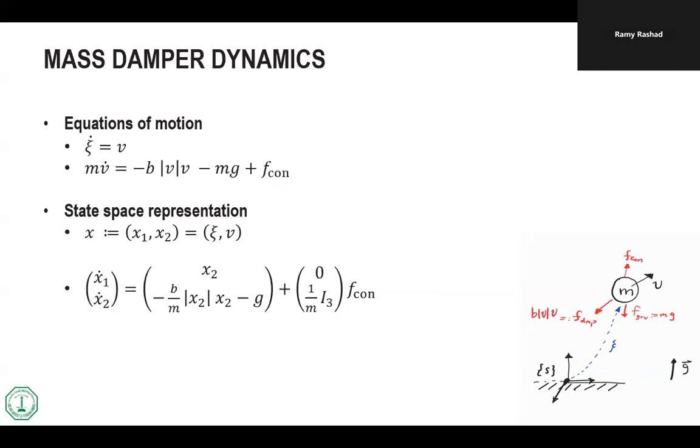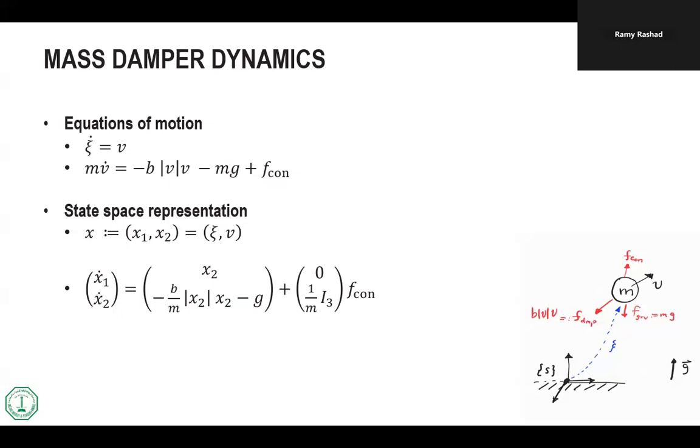The point mass can move, so it has some velocity. We can apply a control force on it, F_con. And whenever it starts to move, it always has some sort of damping behavior. It faces some wind, and based on this velocity, you're going to have this damping term. It's not just linear damping, it's non-linear.